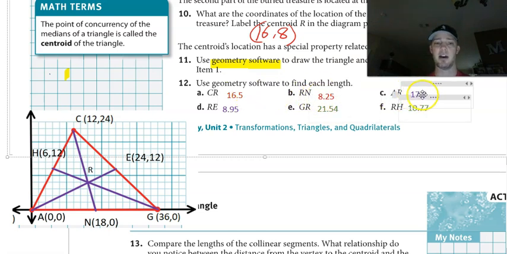If I did that for the other pieces, the distance from the vertex to the centroid and from the centroid on to the midpoint, you'll notice there is a relationship between all of these. 10.77, so 20 and 1.5, I get about 21.25. All of these, the distance from the vertex to the centroid is twice as much as the distance from the centroid to the midpoint of the rest of that median.